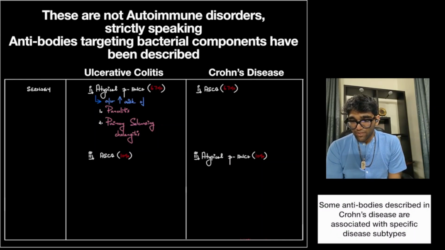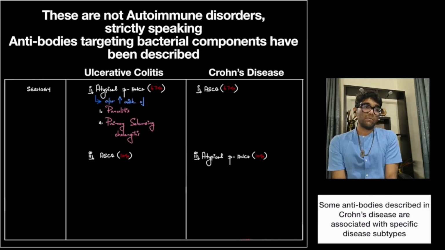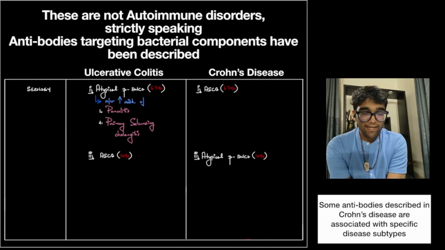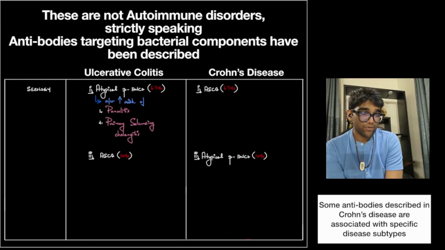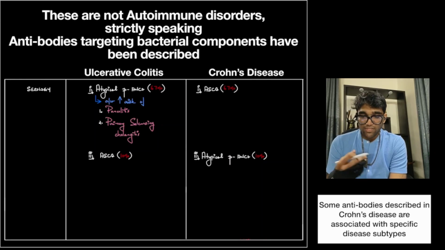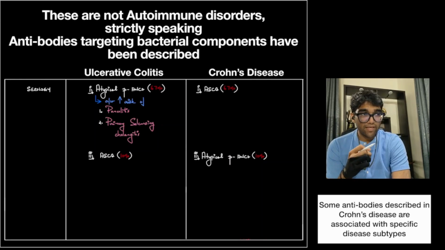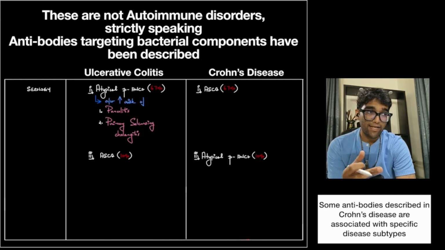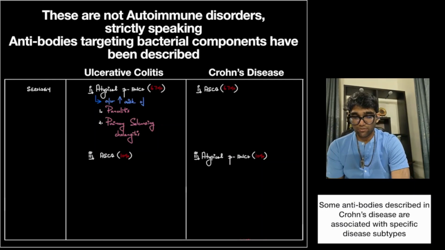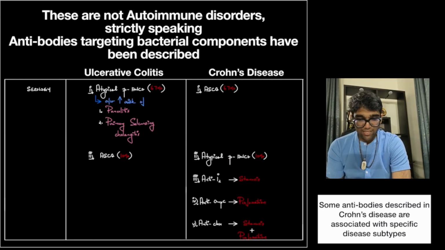Now there are some antibodies that have been described in Crohn's disease that indicate the specific disease subtype. So this likely represents the pathogen responding to the changes in the human immune system, and then secondarily inducing complications. So it's very easy.